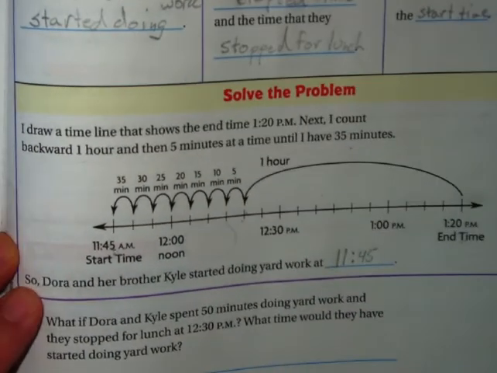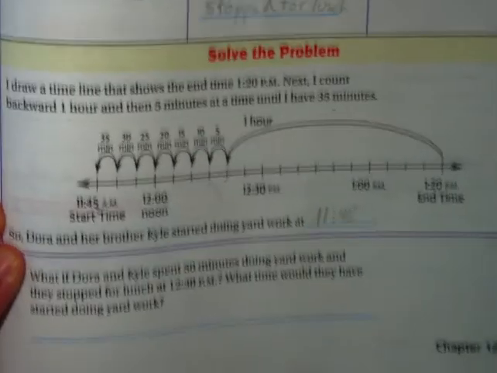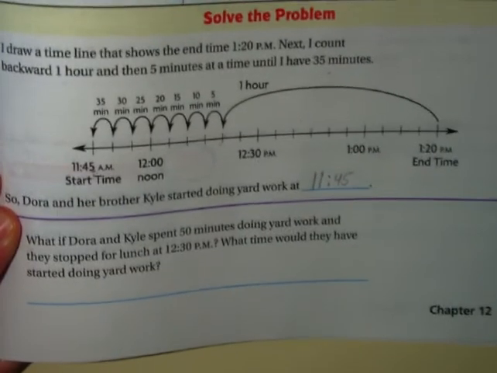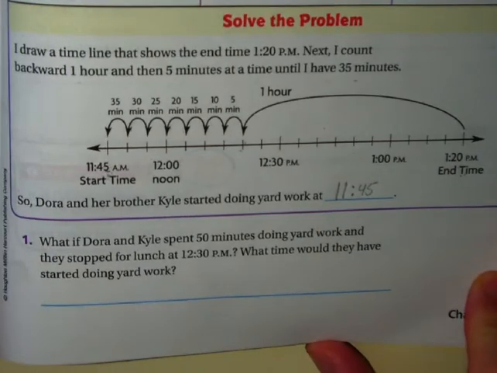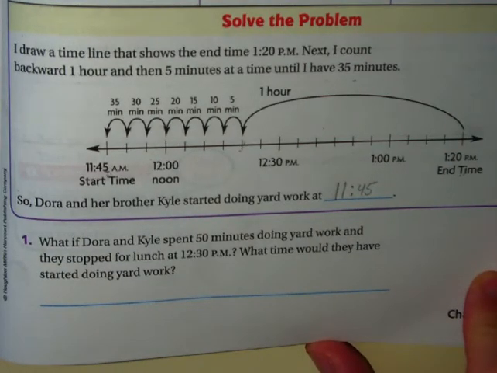Okay, so that timeline helped me visualize things a lot. Now it's asking, what if Dora and Kyle spent 50 minutes doing yard work? So not an hour and 35 minutes, but 50 minutes. And they stopped for lunch at 12:30 p.m. What time would they have started doing yard work?